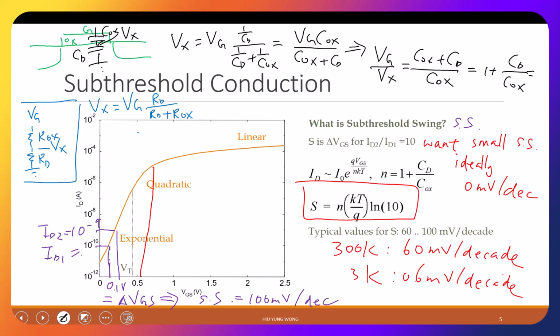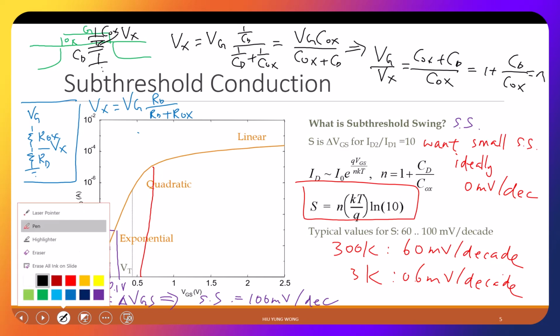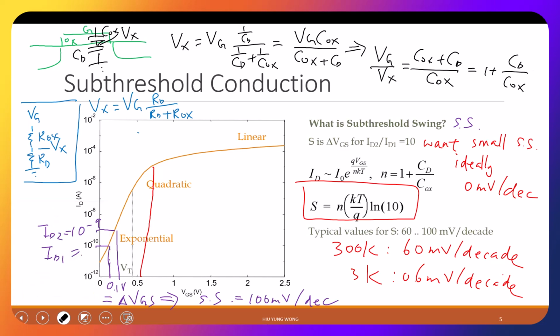And this is what we call n, the non-ideality factor in this case. So you see that it's always larger than 1, which is not good.